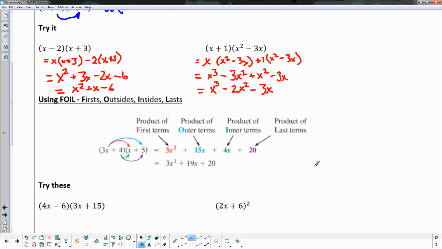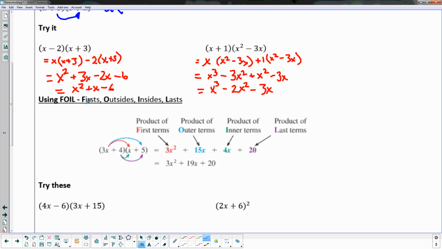So they've learned this method called FOIL, or I know that some people learn it as the eyebrow, nose, mouth. I don't really know how to do that, and it doesn't line up with the letters of FOIL in the right order, so I usually don't talk about that one.